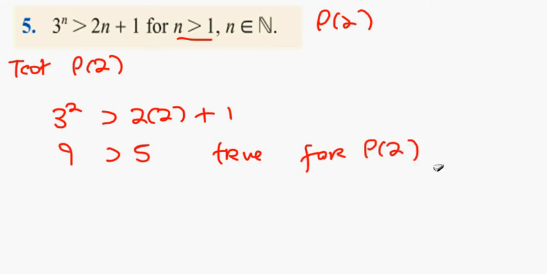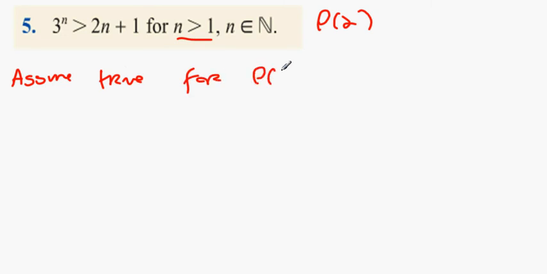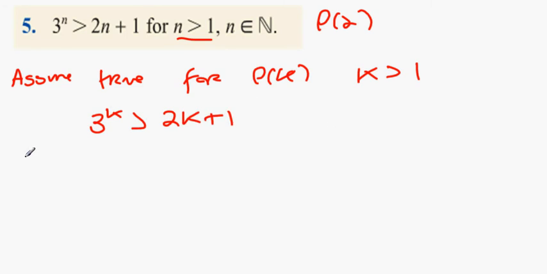Now, after that, we're going to assume true for P of k, where k is greater than 1. So 3 to the power k is greater than 2k plus 1. Now, part 3, we're going to test P of k plus 1.